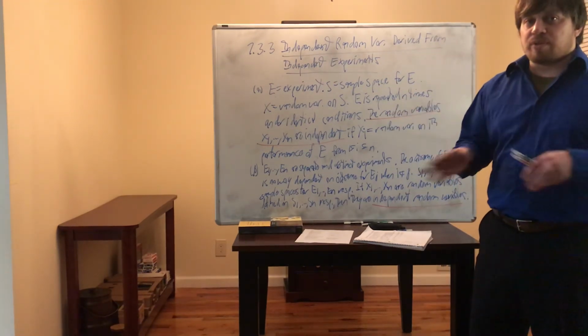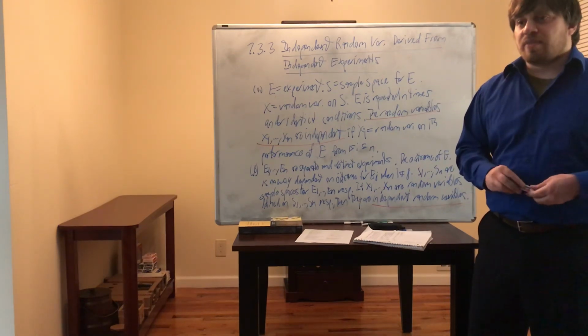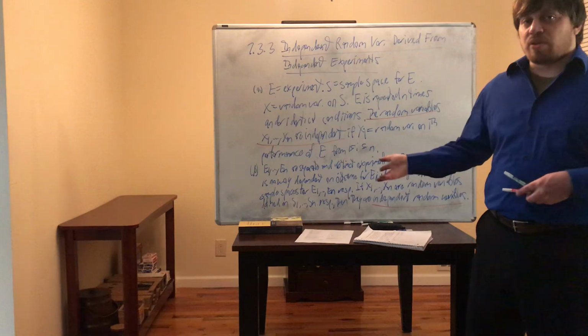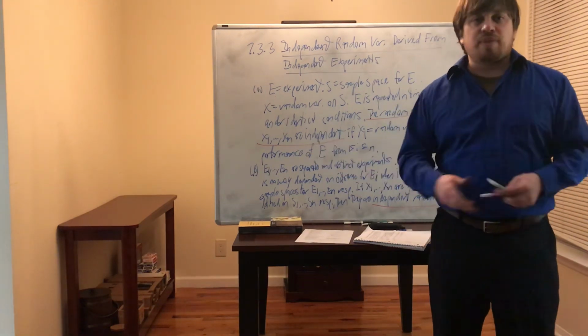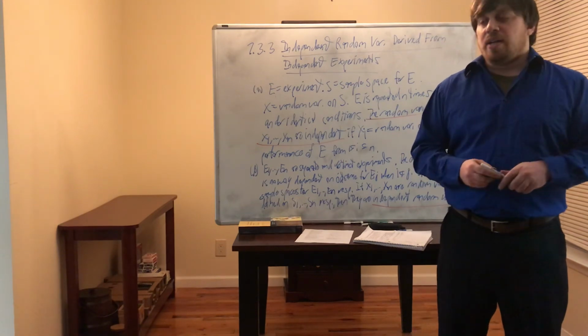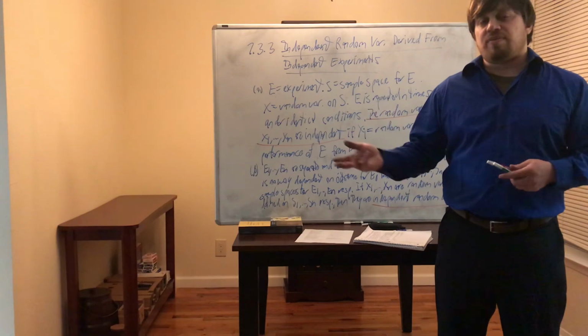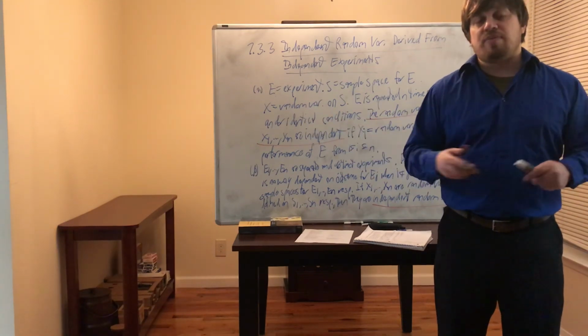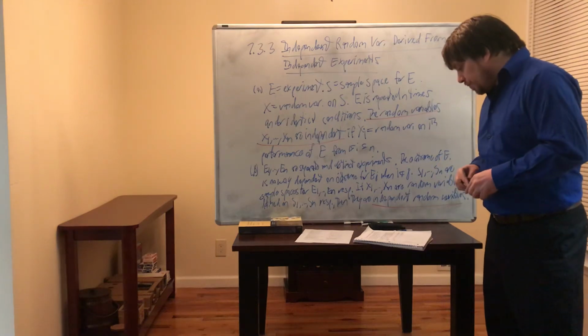If those two things happen, you can automatically assume that the n variables you get, x1 to xn, which are respectively the variables for your n experiments, are independent. You don't have to show that the equation holds, right? That f is equal to f sub 1 of x1 times f sub 2 of x2 times dot dot dot times f sub n of xn. You don't have to show that in these two situations, okay?